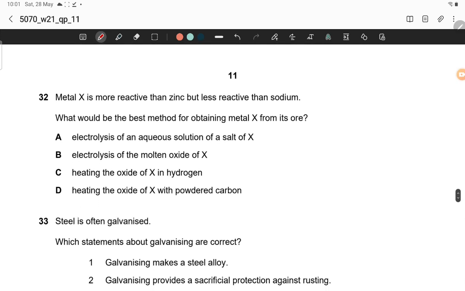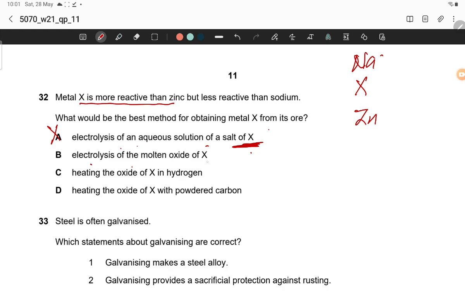Metal X is more reactive than zinc but less reactive than sodium. This metal is placed like this. What would be the best method for obtaining metal X from its ore? Electrolysis of an aqueous solution of a salt of X. No, this is incorrect because electrolysis gives hydrogen gas.